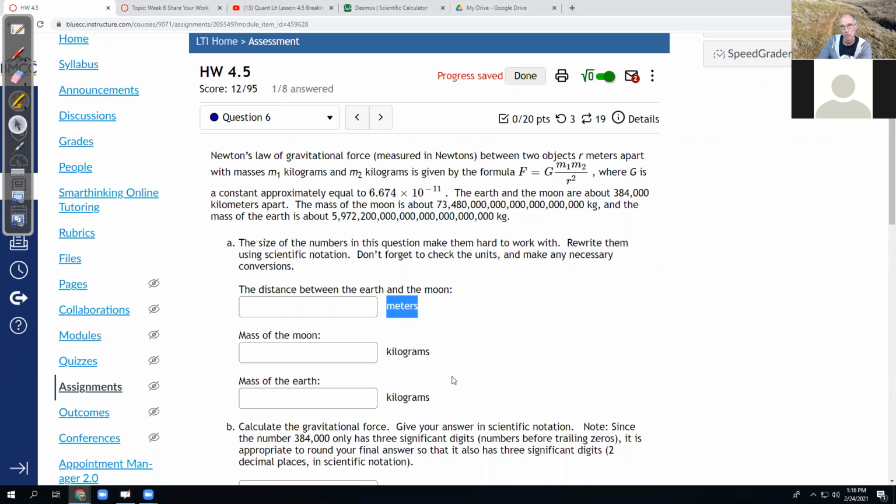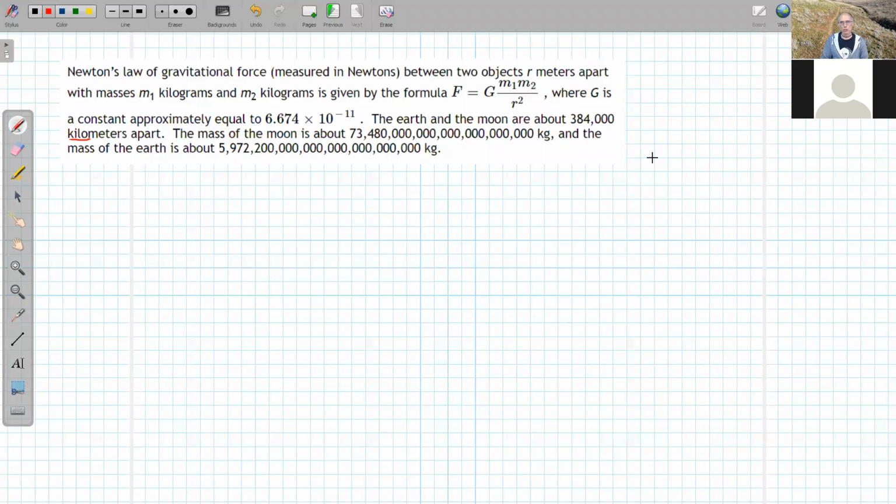And then I just have to remember that kilo means 1,000. So for that distance R, I want that in meters. 384,000, and then kilo means another 3 zeros to get it to meters.